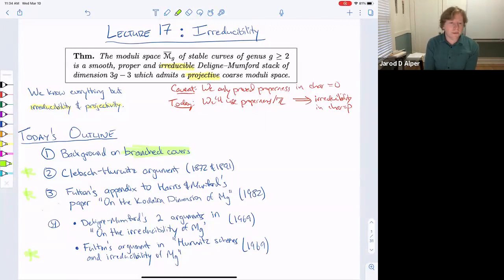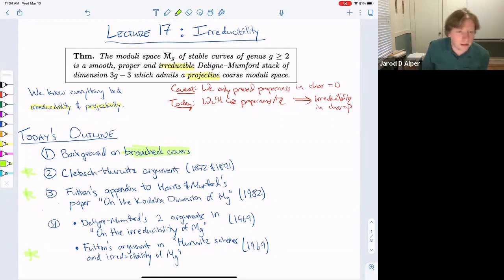If you remember back to the very first lecture, I was emphasizing that branch covers are an important way to think about smooth curves. They give you a handle on their geometry, and we even summarized Riemann's argument using branch covers that the dimension of MG was 3G minus 3. And so they'll feature again today in a very important way.